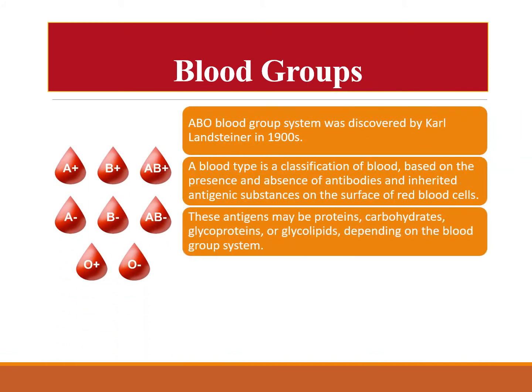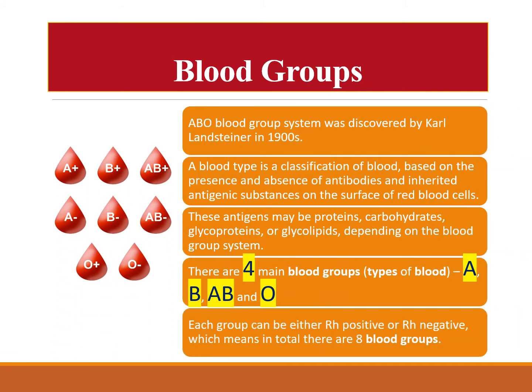Blood groups. The ABO blood group system was discovered by Karl Landsteiner in 1900s. A blood type is a classification of blood based on the presence and absence of antibodies and inherited antigenic substances on the surface of RBC.